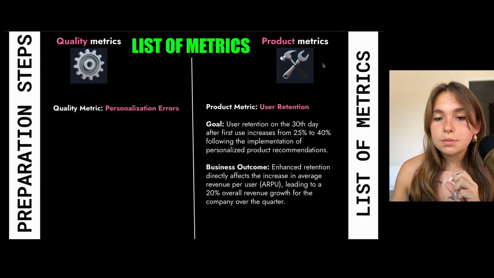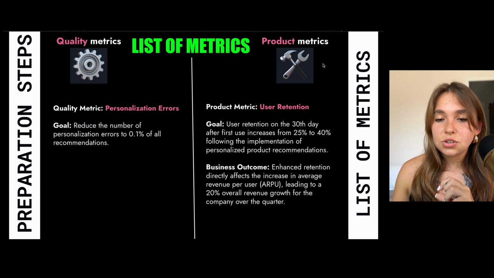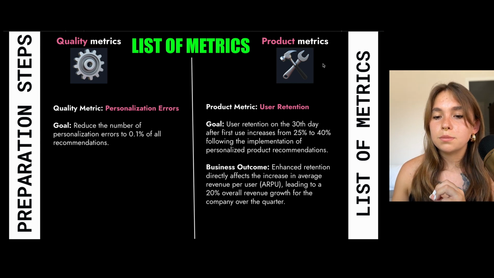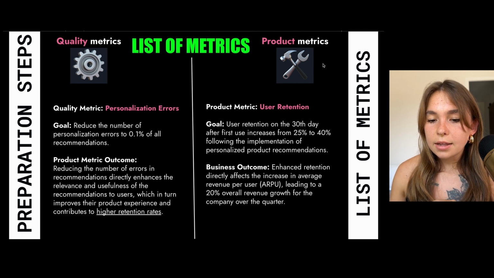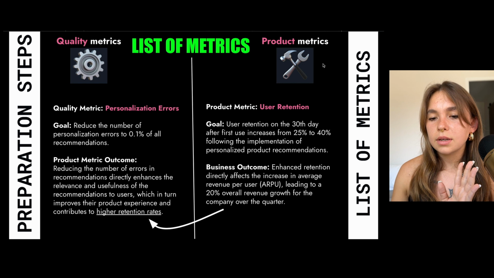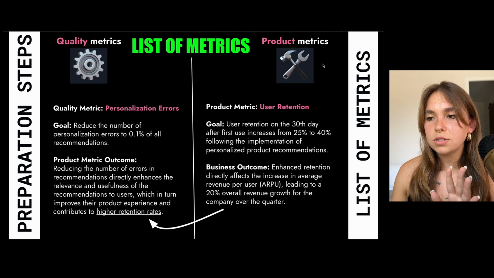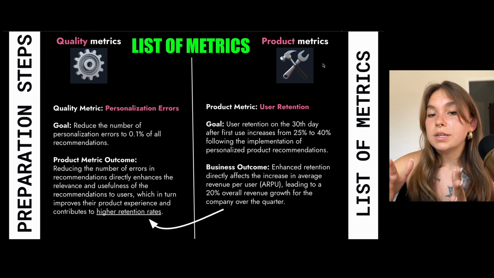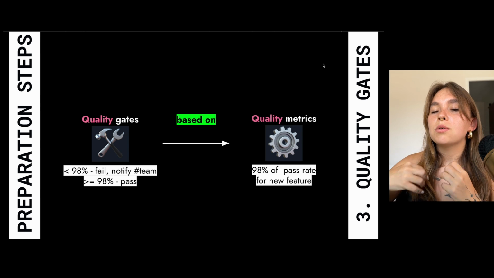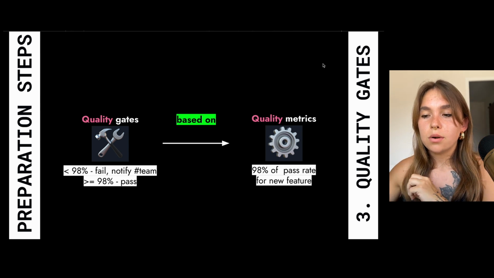For example, a quality metric here can be personalization errors. We are going to reduce the number of errors to 0.1% of all recommendations. And the product metric outcome, also our hypothesis, will be exactly what we need, an increase of user retention. Okay, great. So we have a quality metric here. And after that, what do we have to do? We have to build our quality gates based on our quality metric.